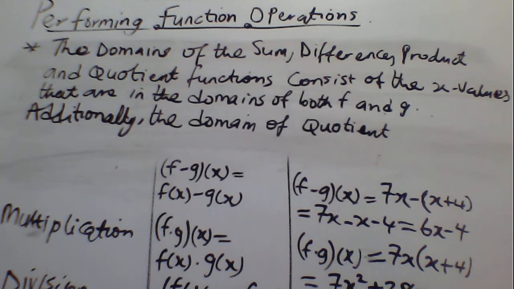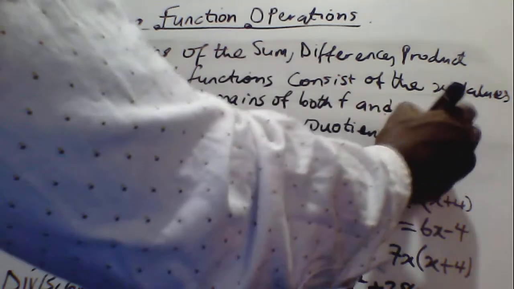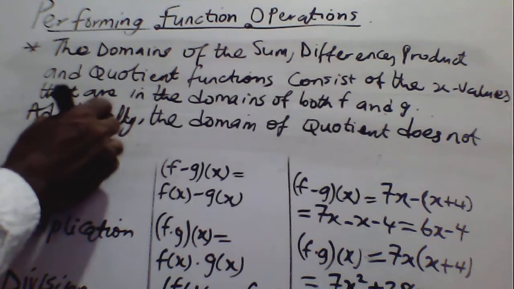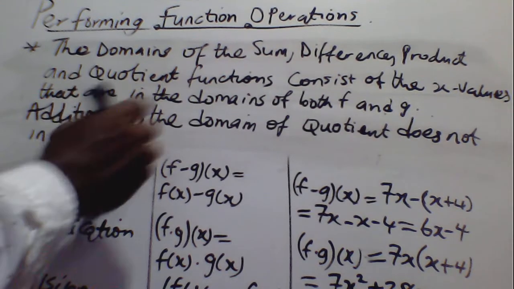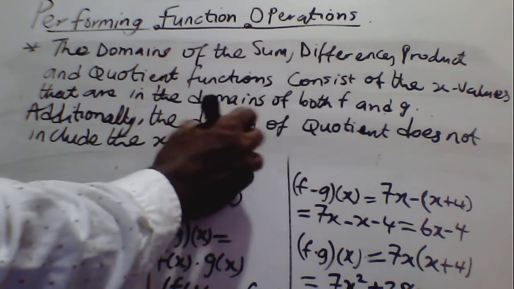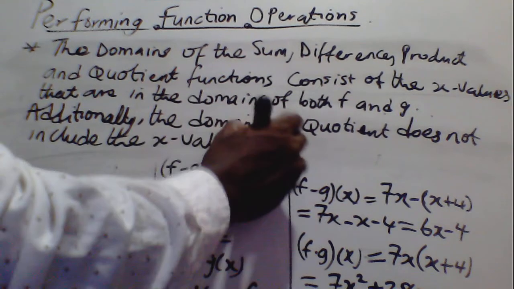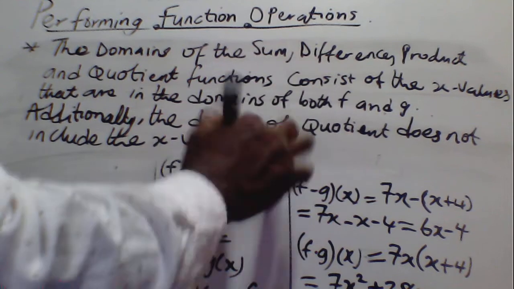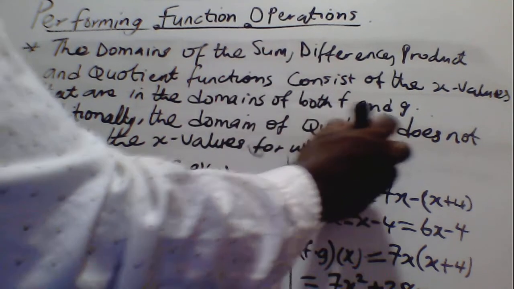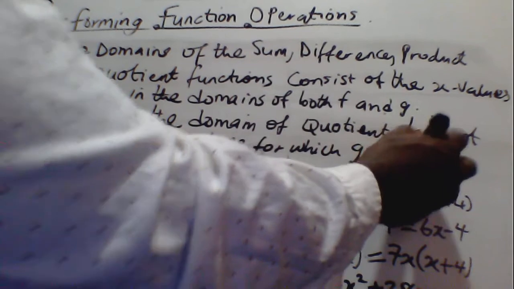The domain of the quotient does not include the x values for which g of x is equal to 0.